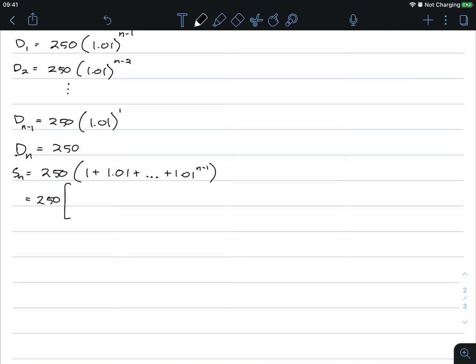The first term is 1, so 1 outside of, the rate is 1.01 divided by the previous, so 1.01. It may look like n is the value that we're looking for, but because we have the extra term at the front, it's actually to the power of n minus 1 all over 0.01.